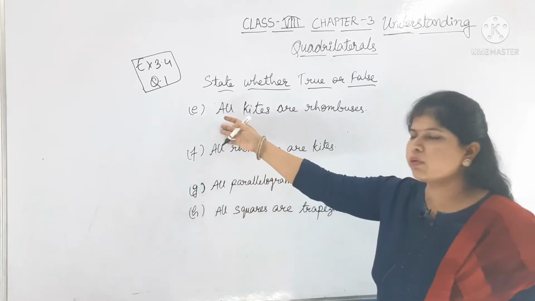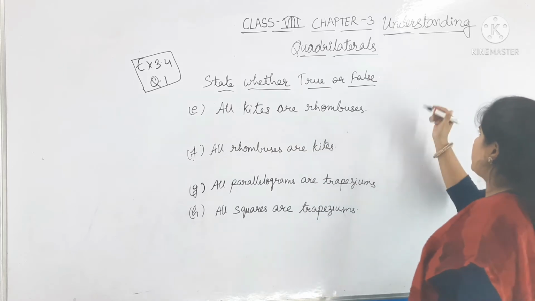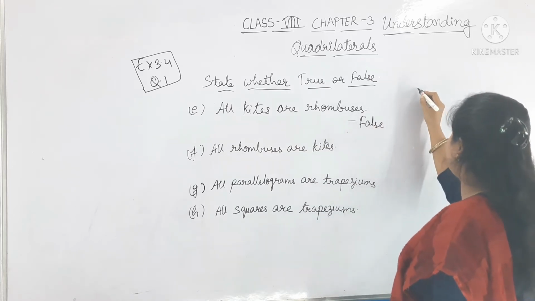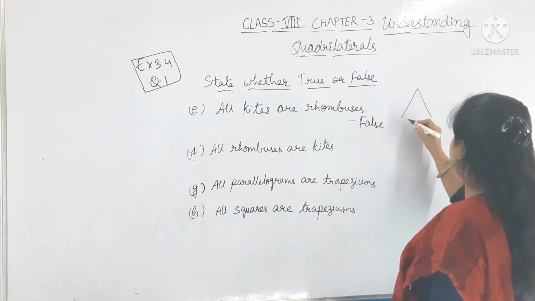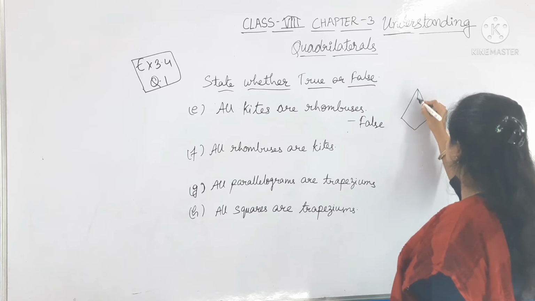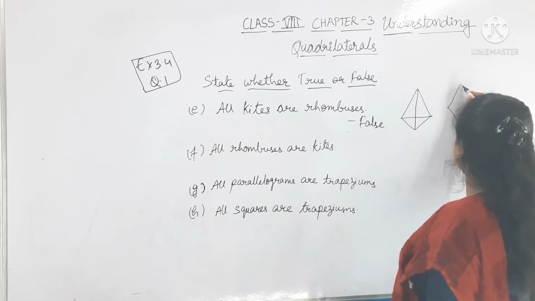Now the next part of question number 1 is the E part. All kites are rhombuses. It is false. How is it false? I am writing here. Like this, we have the kite and the rhombus is like this.